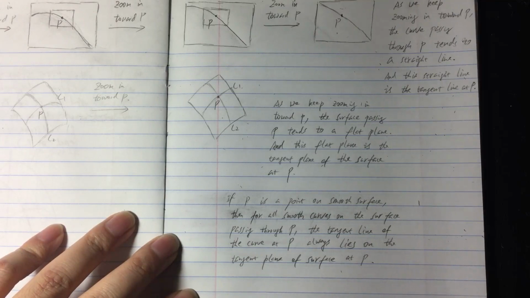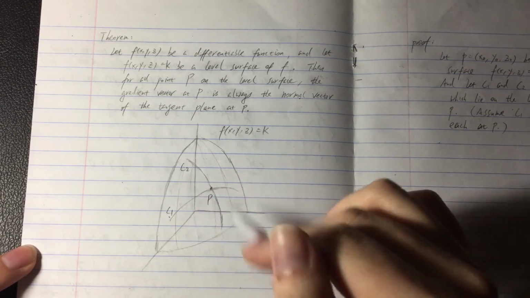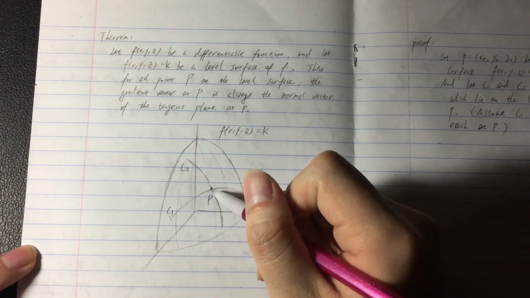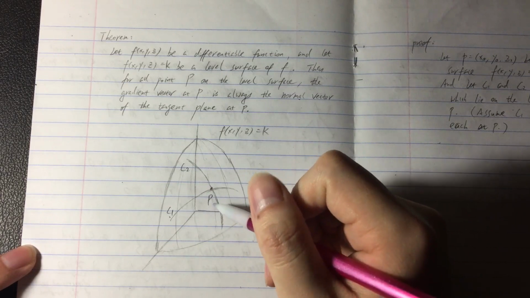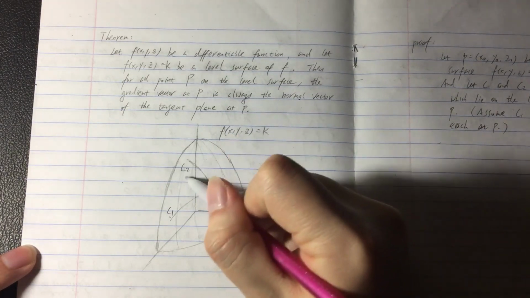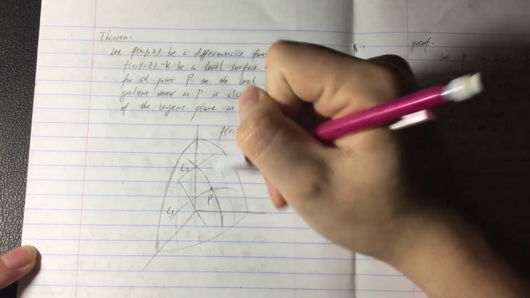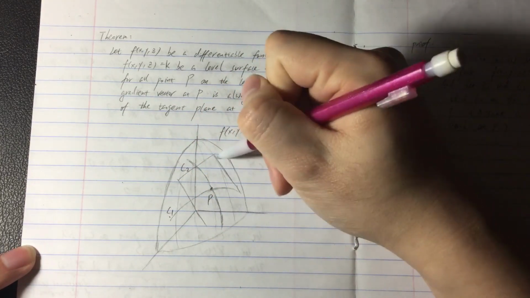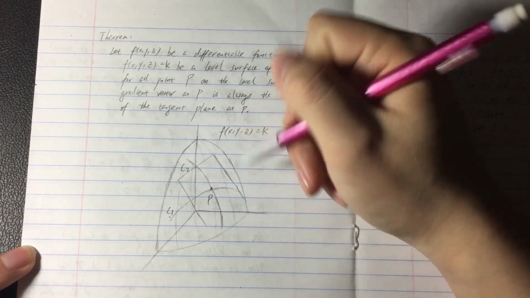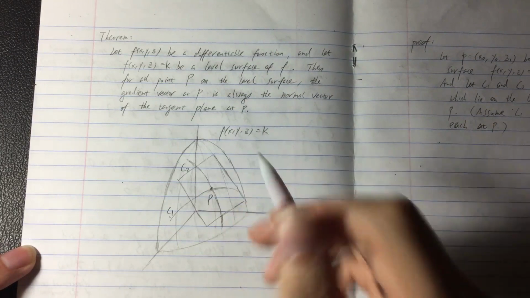Keep this idea in mind, and then let's go back to the theorem. In the theorem here, C1 and C2 are two curves on the surface passing through point P. So their tangent lines both lie on the tangent plane at point P. Suppose that's the tangent plane.